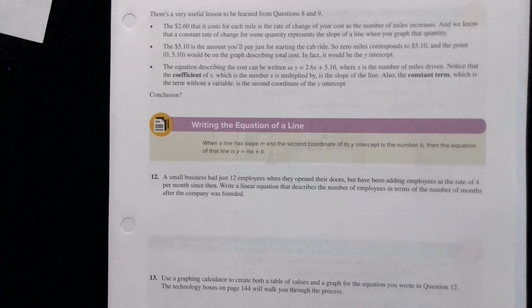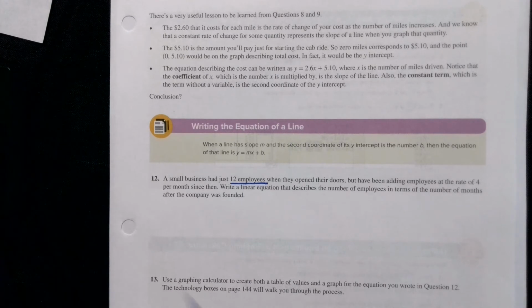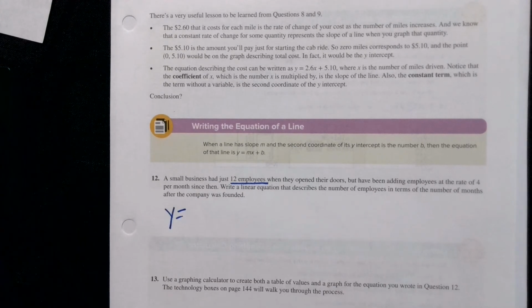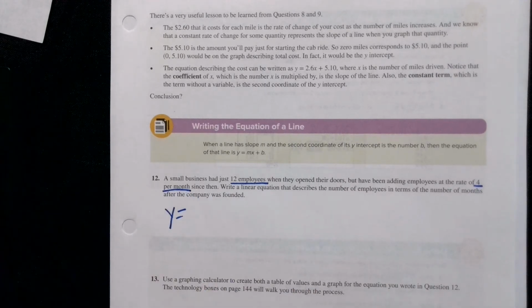Okay, now, number 12. A small business had just 12 employees when they opened their doors, but have been adding employees at a rate of 4 per month since then. Write a linear equation that describes the number of employees in terms of the number of months after the company was founded. Okay, so now they tell us we started off with 12 employees. So we know it'll be y equals, and they tell us that it was steady growth of 4 per month.